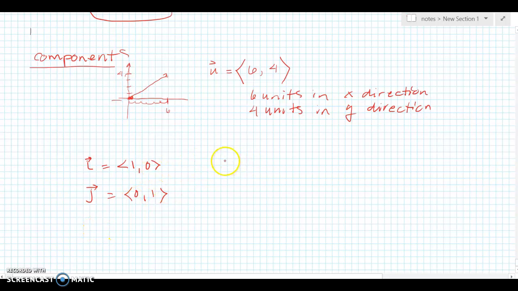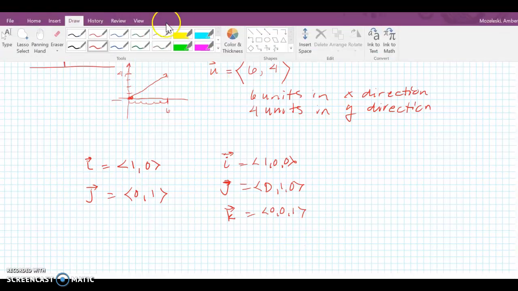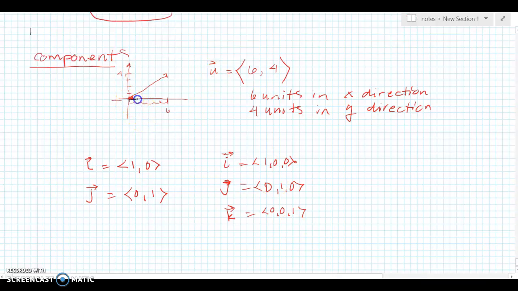Now, that's in 2D, so in 3D, i would be <1, 0, 0>, and j would be <0, 1, 0>, and we would have k, which would be <0, 0, 1>. Okay, so it's a unit vector in a specific direction. All right, so on my little diagram here, this is i, 1 unit, and this is j, 1 unit in the y direction.